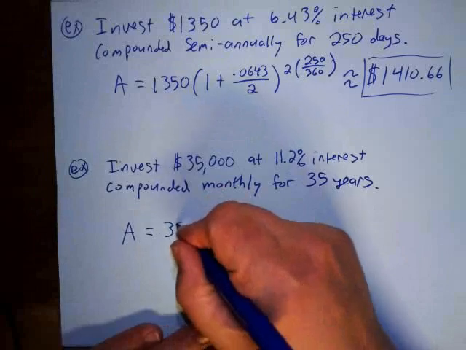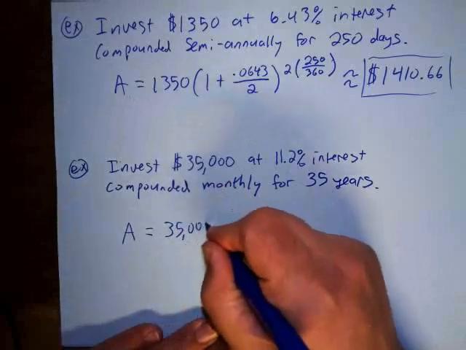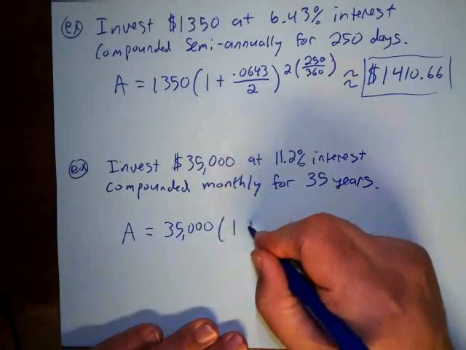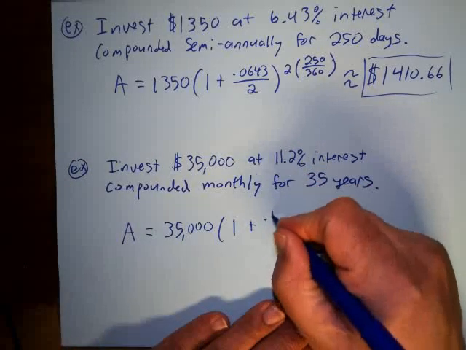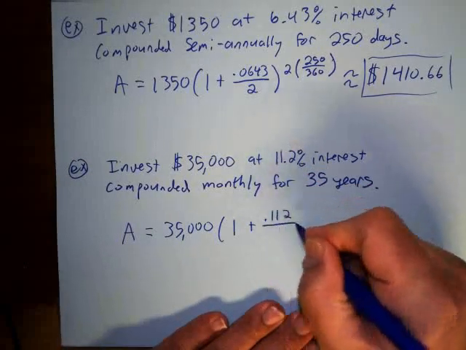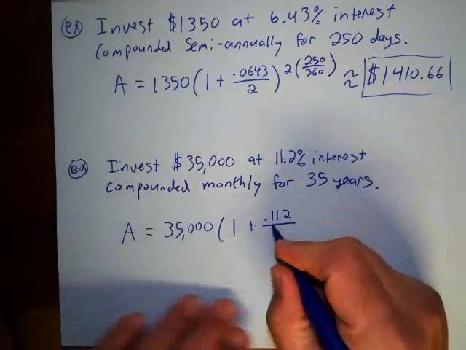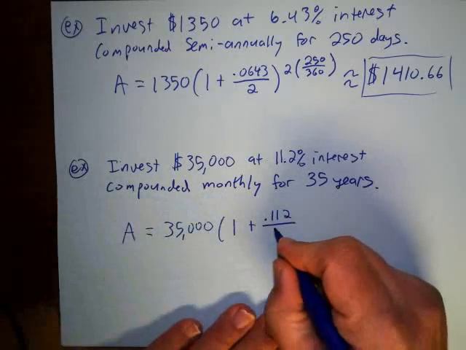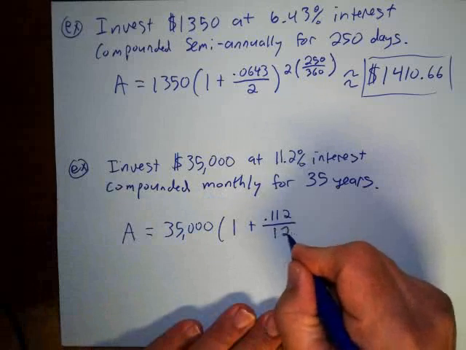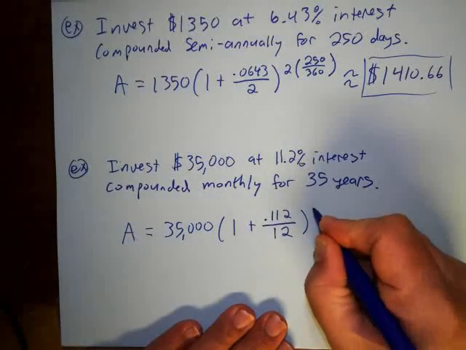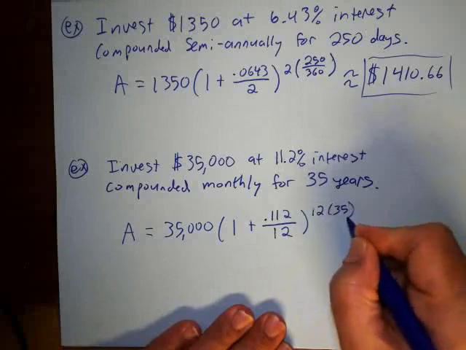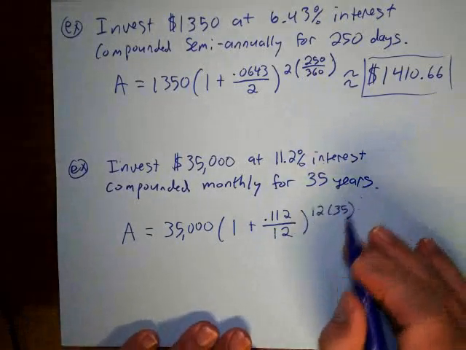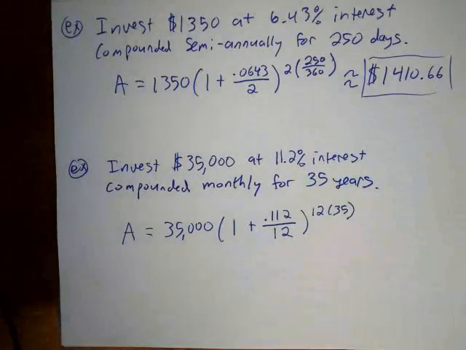So $35,000 at 11.2% interest. So this is 0.112, and divide that. This is compounded monthly, so monthly is 12 times a year. So divided by 12, raise this to 12 times 35. Okay, this is already years, so I can just keep it as 35.